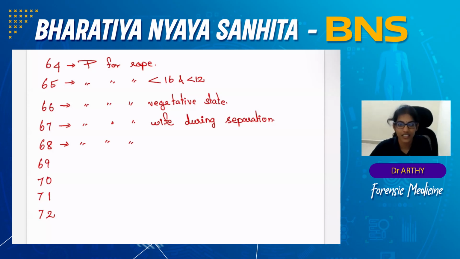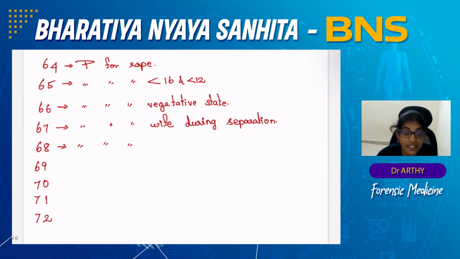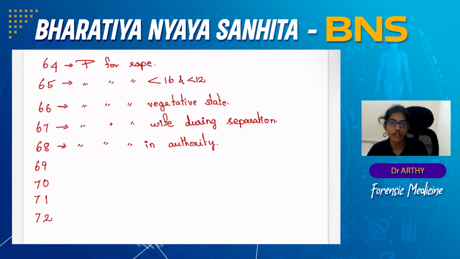An authority, right? So punishment for rape by a person in authority. Here when they say authority, it's a fiduciary relationship that they are talking about. Fiduciary relationship means a boss and an employee, a teacher and a student, that kind of relationship.